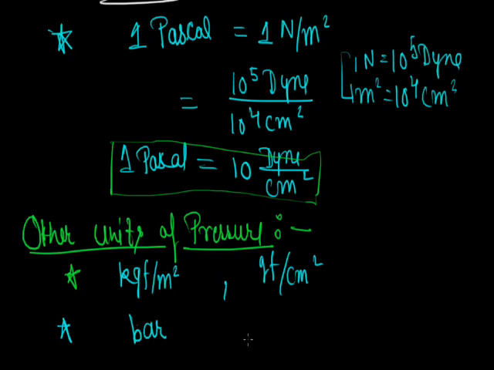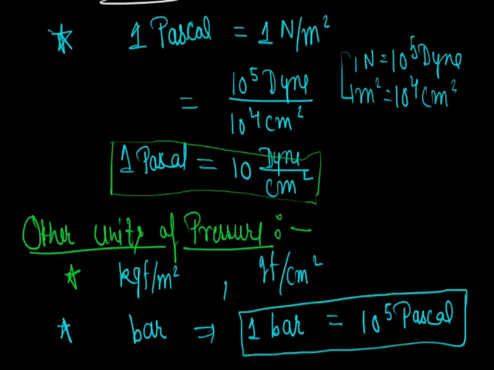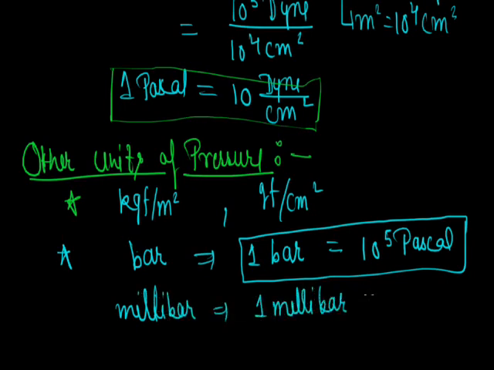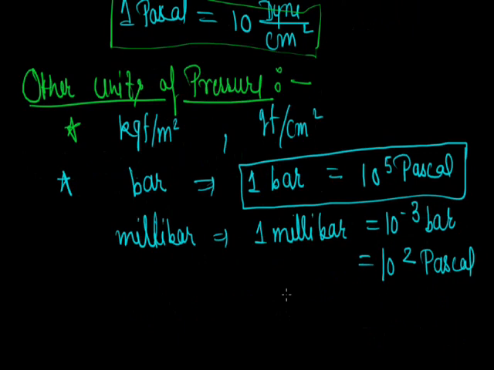Pressure is also measured in bar or millibar. 1 bar equals 10 raised to power 5 Pascal. Also millibar, and 1 millibar equals 10 raised to power minus 3 bar, means 10 raised to power plus 2 Pascal. So these are also units of pressure.